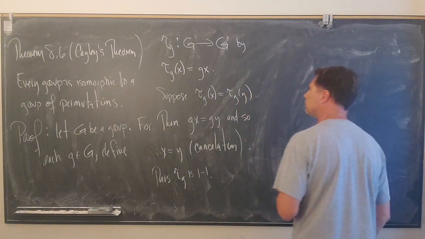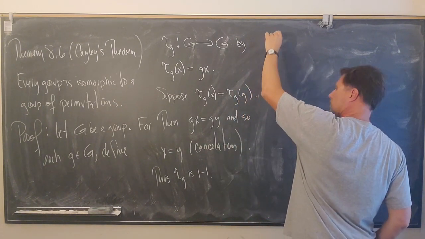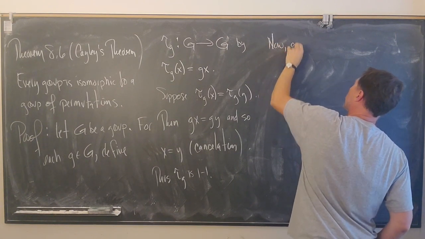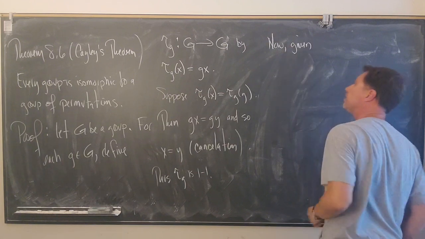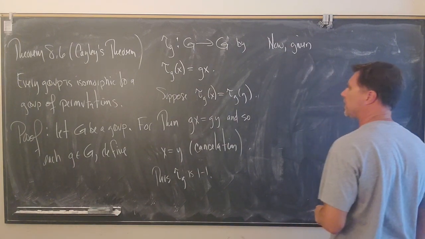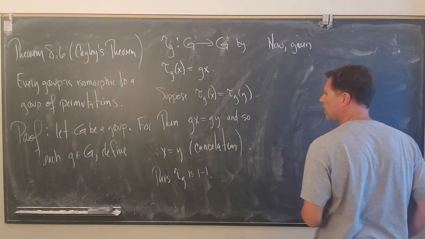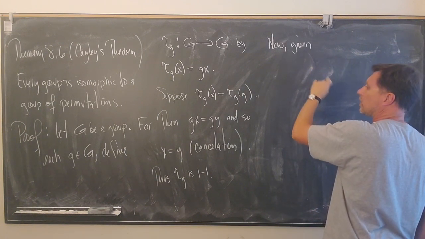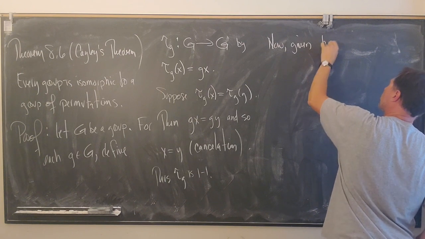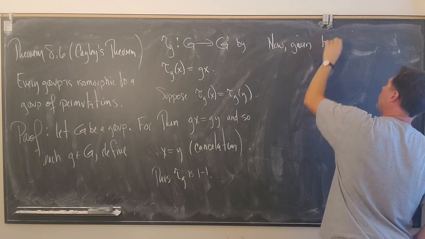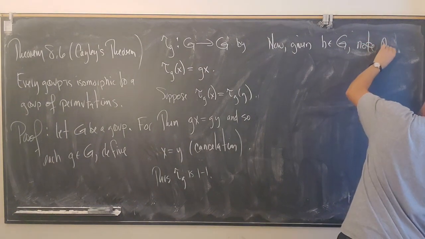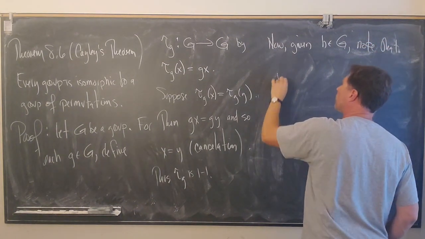Also, now, given, let's pick somebody in G, given, I don't know what to call it, little h in capital G, note that, so I need to fill in the blanks here.